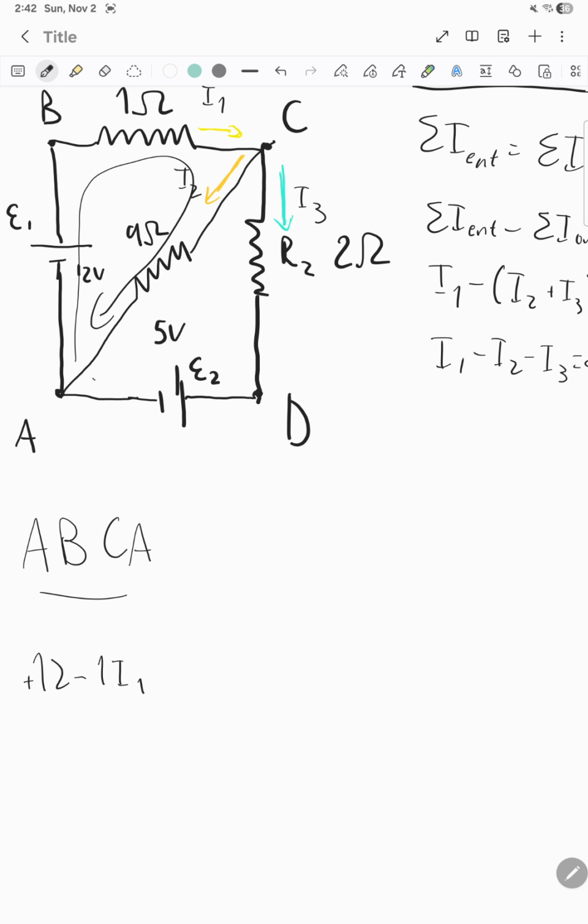So you should remember that we're working right now with A, B, C, A. So we're going to work with yellow and orange, not I3, so forget this for now. So we go A, and then it goes 12 volts, which is positive because it goes from the negative to the positive terminal. Then it goes to a resistor, which is negative, so negative 1 I1. And then it escapes here, so it will be negative, because we have a resistor here, negative 9 I2 is equal to 0.